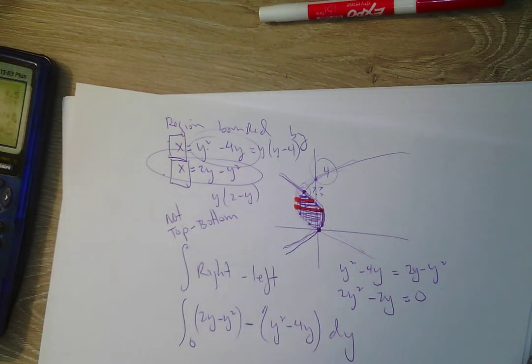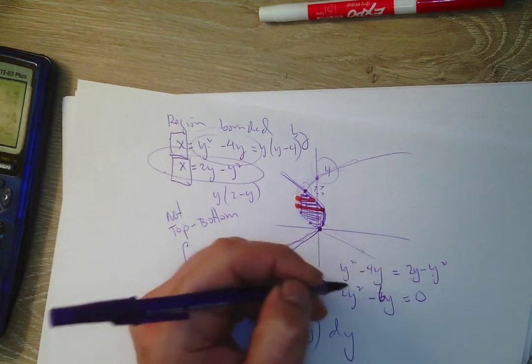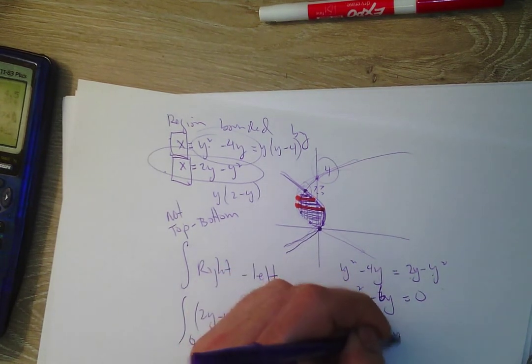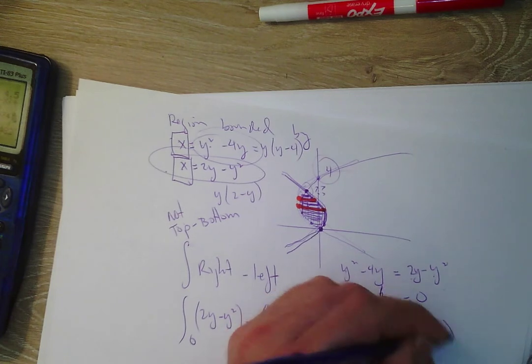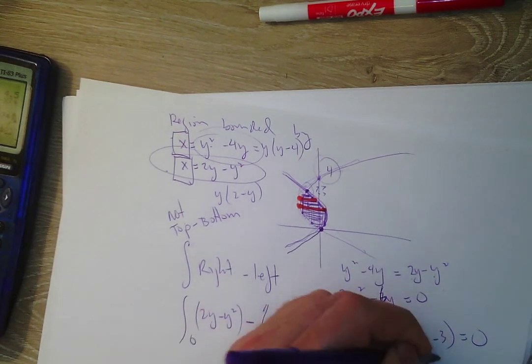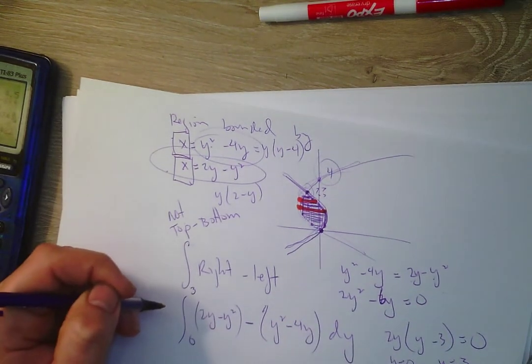Oh, I'm subtracting. That's minus 6. Good. It's good to do your basic math properly. Factor out a 2y and get y minus 3. So y equals 0. We found that one. And y equals 3. So we're integrating from 0 to 3.